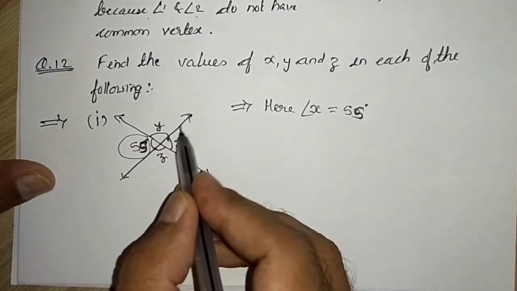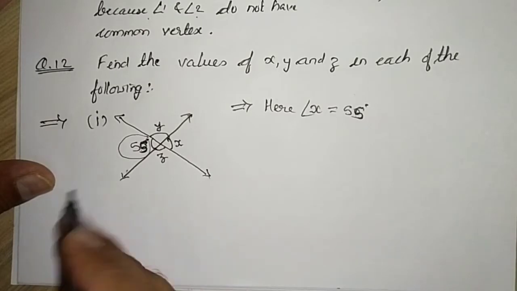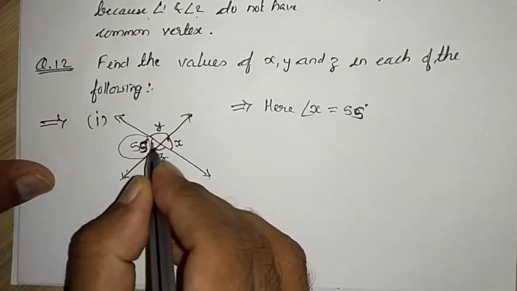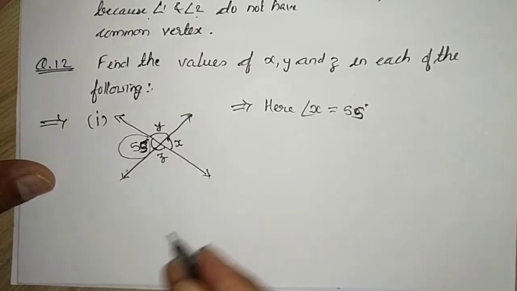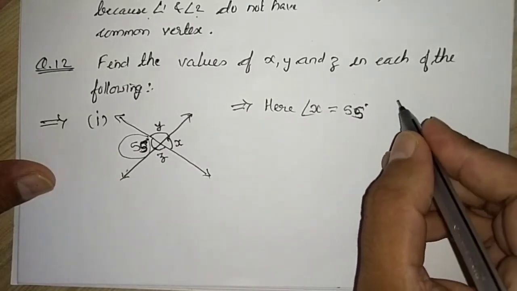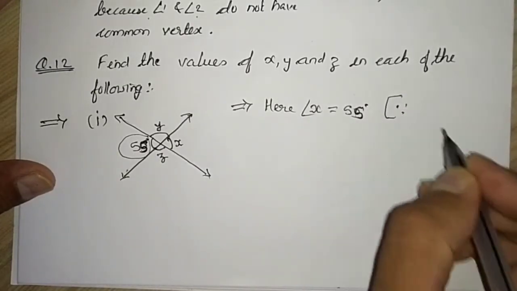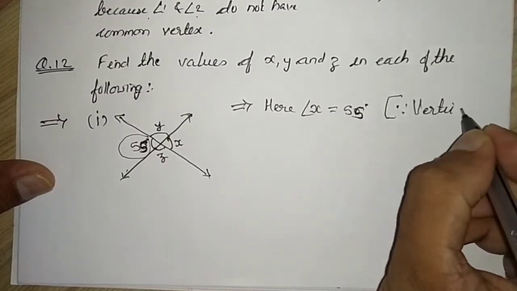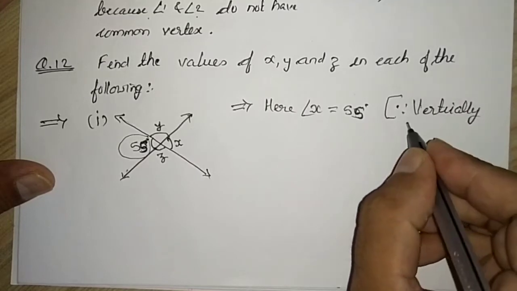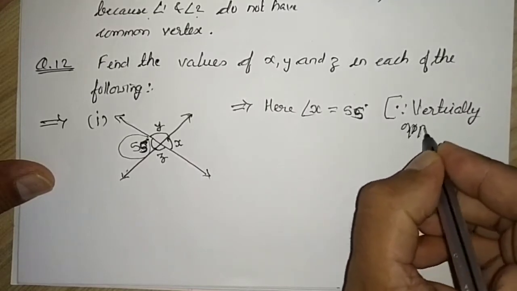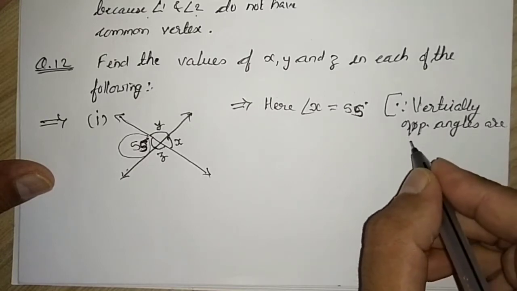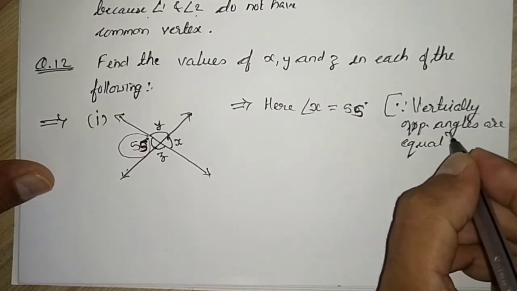Why? Because angle x and 55 are vertically opposite angles. So whatever the value of this angle will be also the value of x. So here angle x is equal to 55 degrees, but you are supposed to give reason, that is vertically opposite angles are equal.